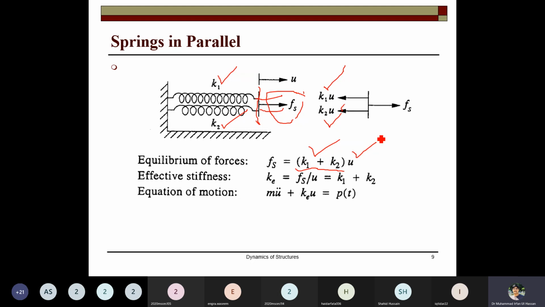So stiffness in the one spring is Fs over u1 and stiffness in the other spring is Fs over u2, and in this way you can determine the equation of the motion by computing the equivalent stiffness.